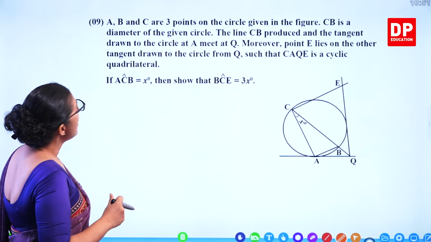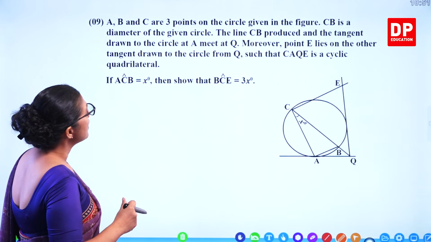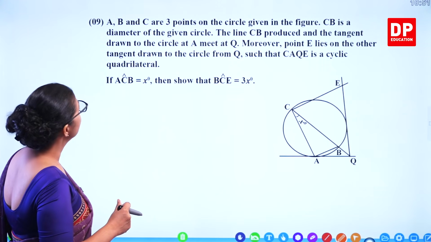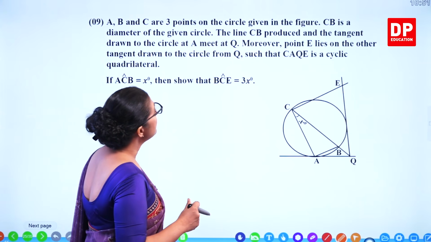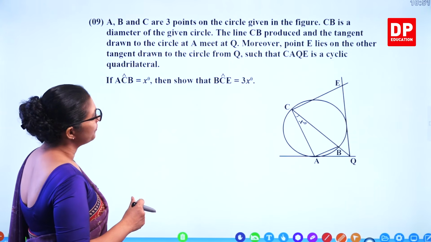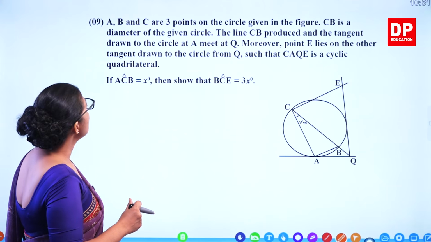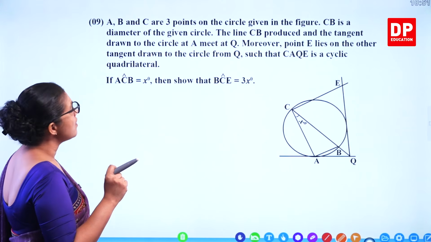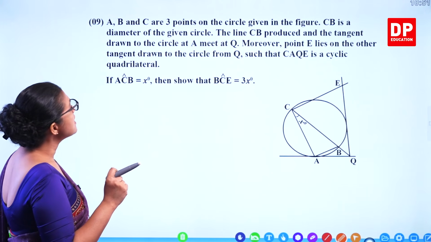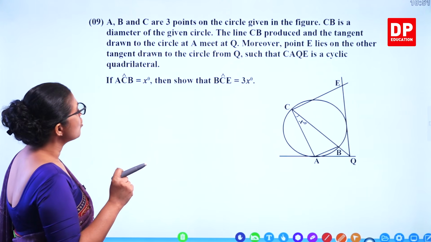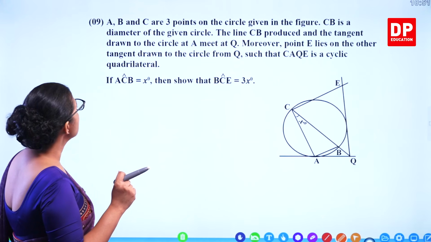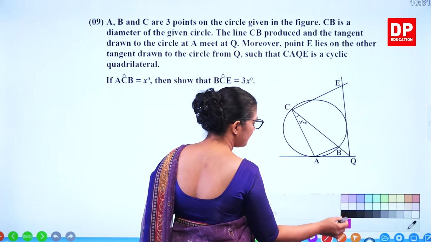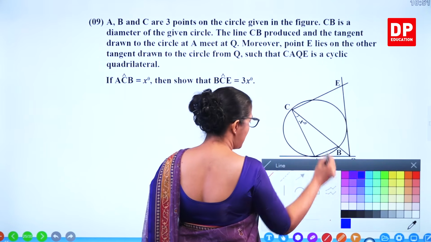A, B and C are 3 points on the circle given in the figure. CB is a diameter of the given circle. The line CB produced and the tangent drawn to the circle at A meet at Q. Moreover, point E lies on the other tangent drawn to the circle from Q such that CAQE is a cyclic quadrilateral.